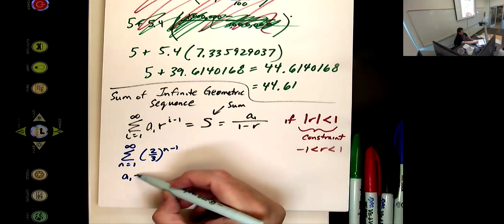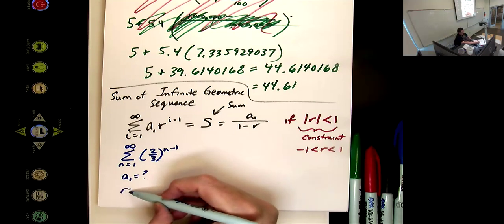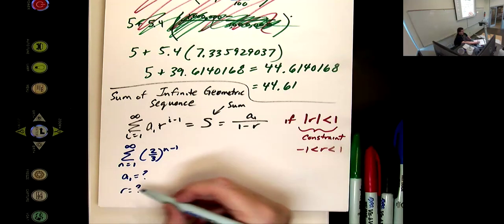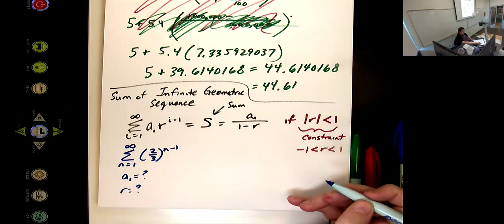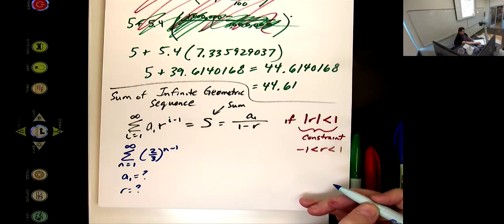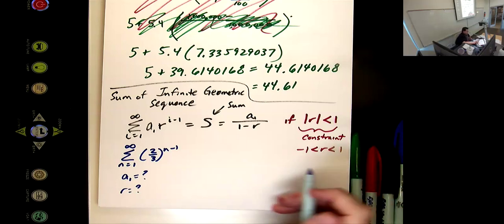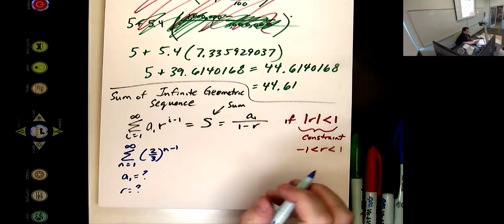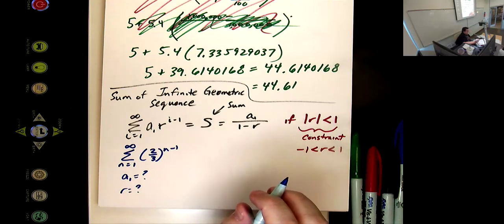What's a sub 1? Well, let me guess. There should be no guessing. You should be able to flat out tell me what the value is. But let's hear your guess. Let's see if you know what it is and you're just not confident. Base of 1 is 2/3.